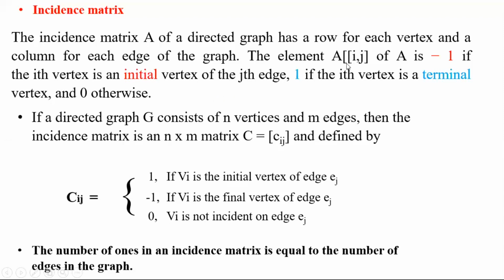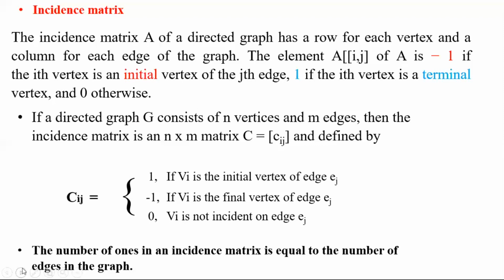The element Aij in the incidence matrix A is -1 if Vi is the final vertex of edge Ej, 1 if Vi is an initial vertex of edge Ej, and 0 otherwise if Vi is not incident on edge Ej.